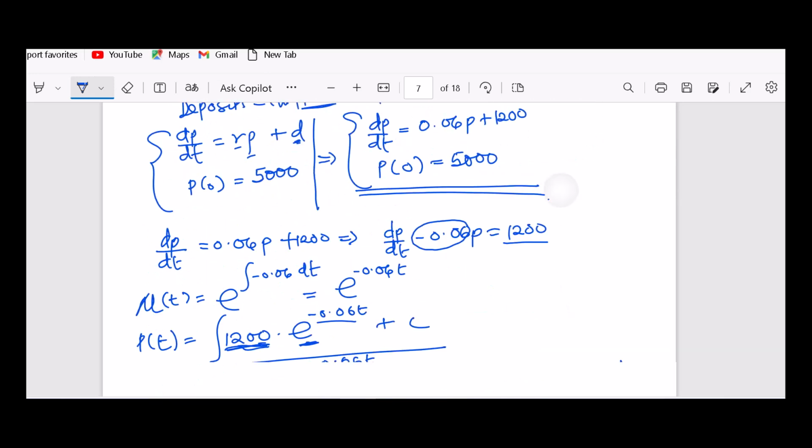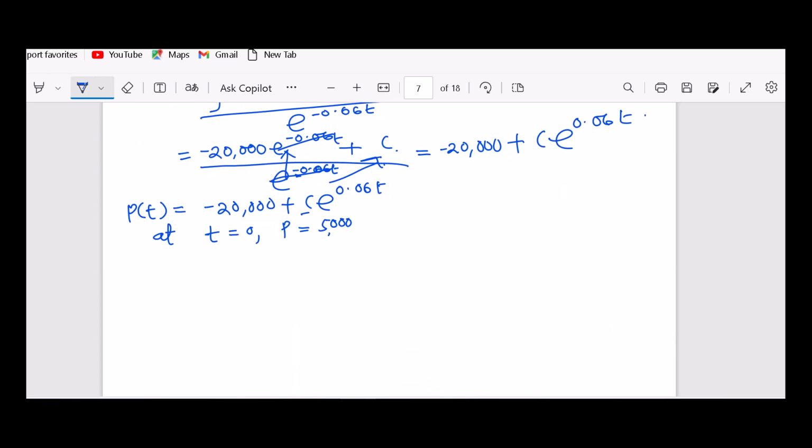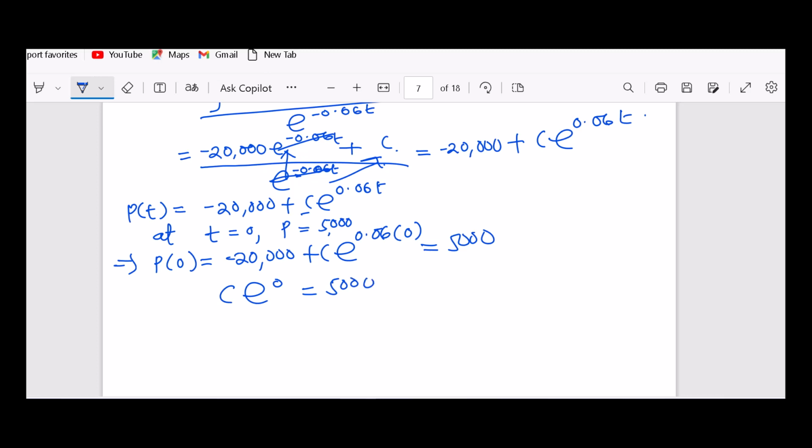So P of 0 equals negative 20,000 plus c e to the power 0.06 times 0, which equals 5,000. So c e to the power 0 equals 5,000 plus 20,000, we just send this across, and so c equals 25,000.